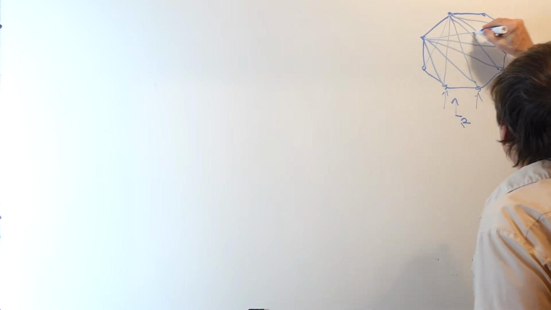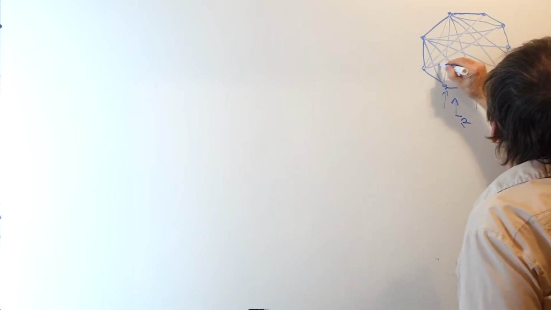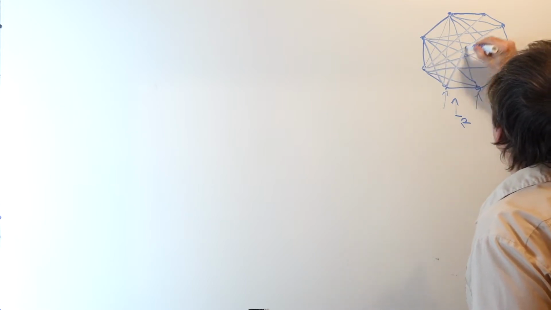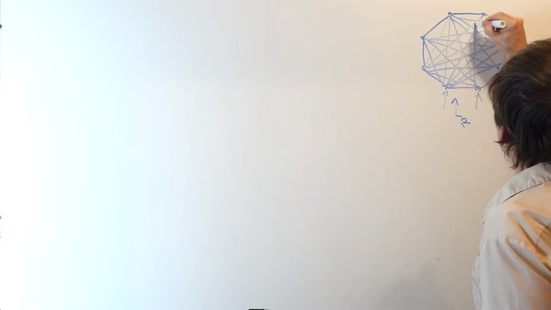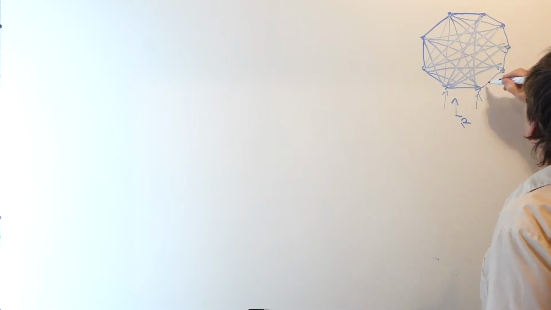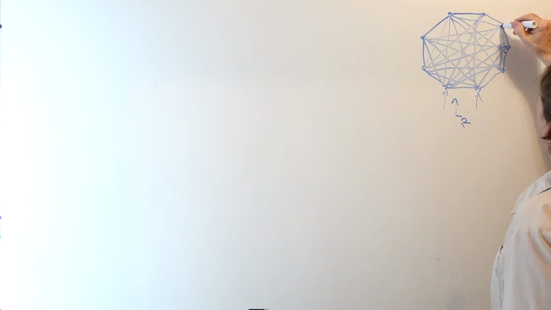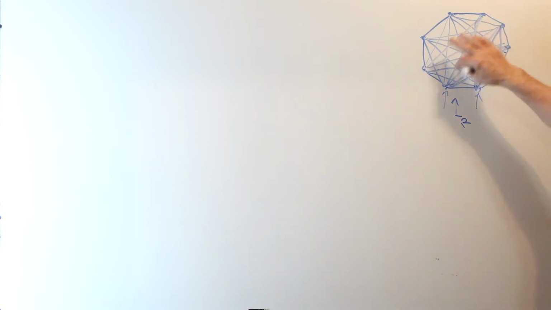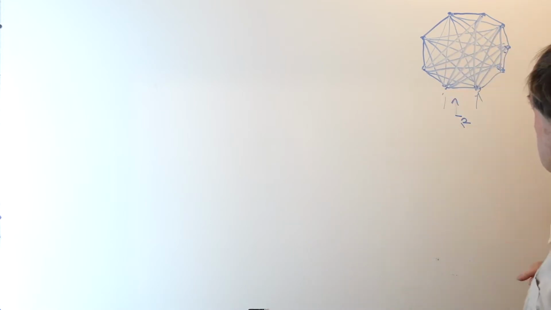Every node has to connect with every other node in this fashion. So you can see that it gets fairly complicated. These are all 1 ohm resistors. Now we want to compute the resistance looking into this network.